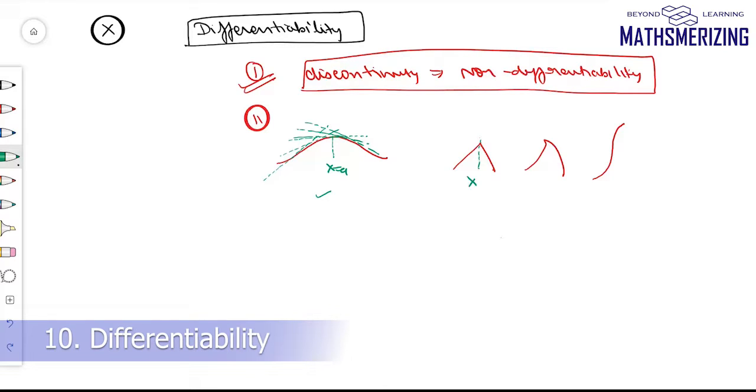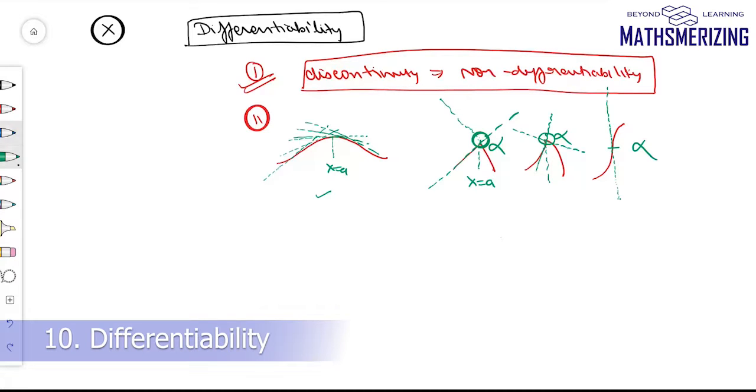If I have a point where the left hand tangent is different from the right hand tangent, then I'll say this function is not differentiable. In this case also, this is the tangent on the left and this is the tangent on the right, so this again is not differentiable. At this point, I get a vertical tangent, and the slope of a vertical tangent is infinite. So again, this function is not differentiable.